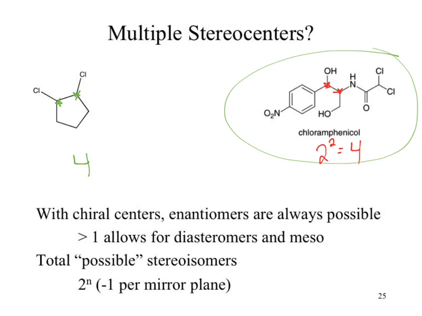Why are we just looking at those 2? Because we're out of time. No. Is there an internal mirror plane in that structure? No. Which means how many possible stereoisomers? 4. There's no internal mirror plane. We don't have to worry about meso compounds. Okay? So we've got 4 stereoisomers for that.